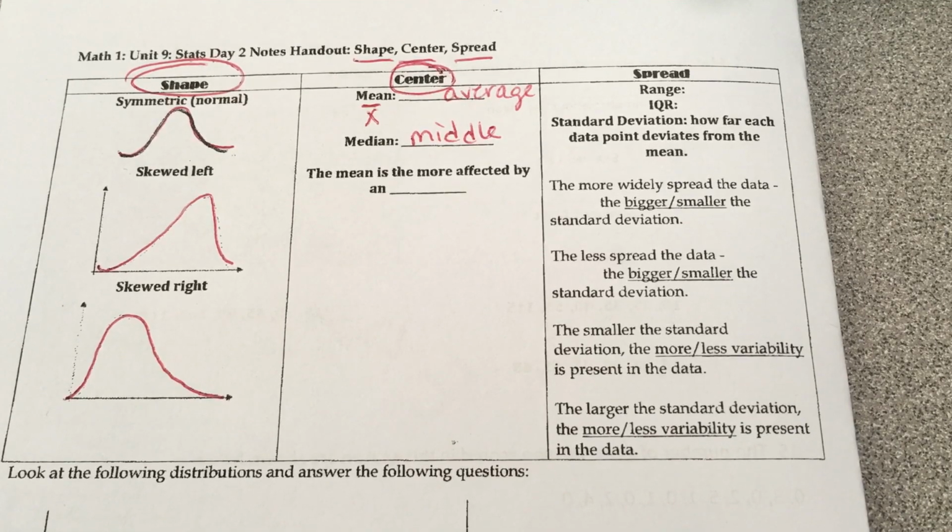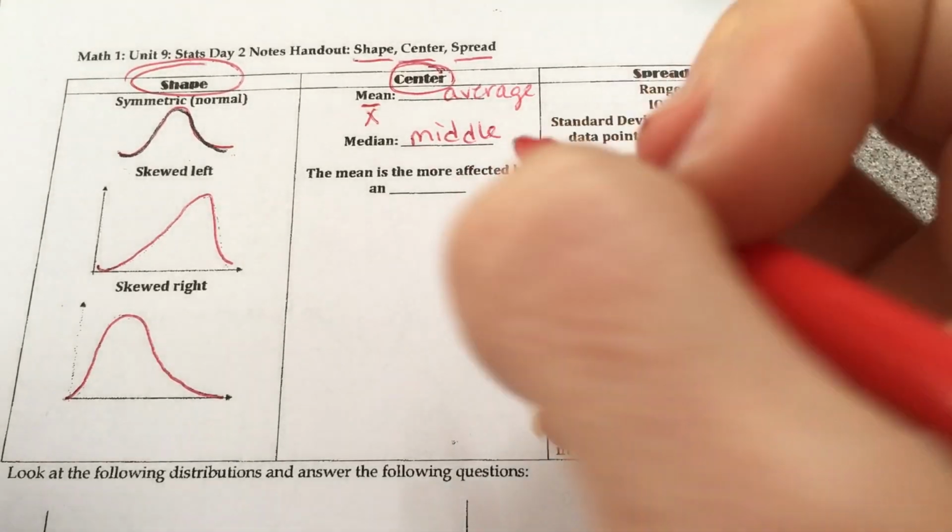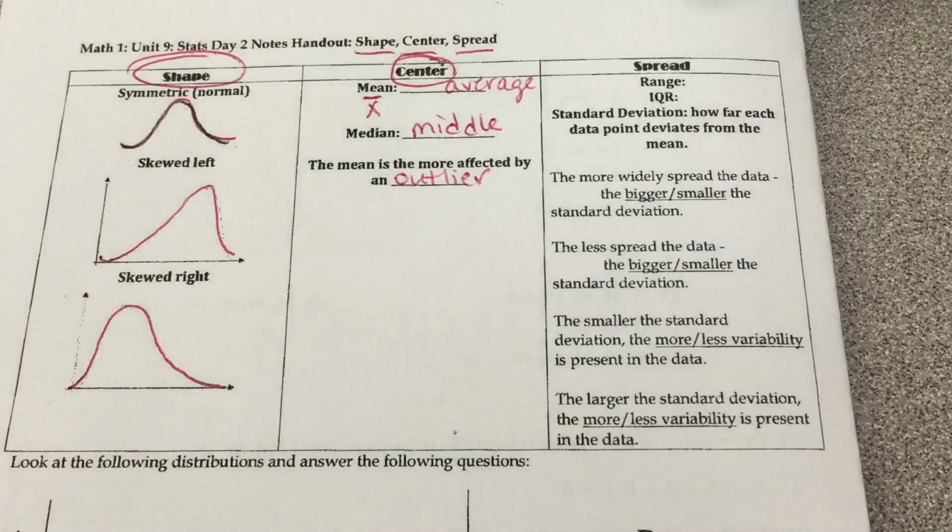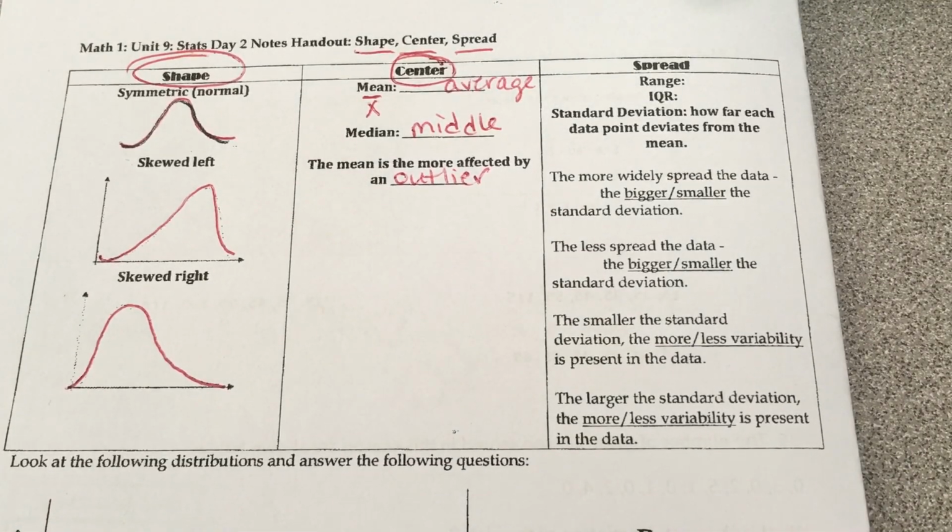The mean is more affected by an outlier. Does anybody remember what an outlier is? Let's say pretty much everybody in this class made like a 70 or 75 on the quiz, and then somebody made 100. That 100 would be the outlier, okay? The average is more affected because how do you find an average?